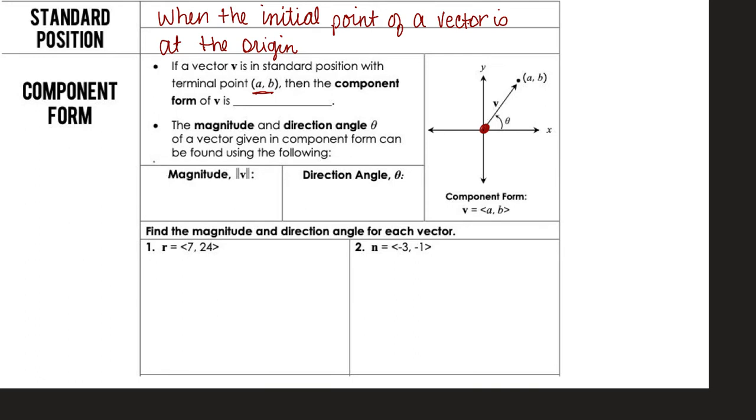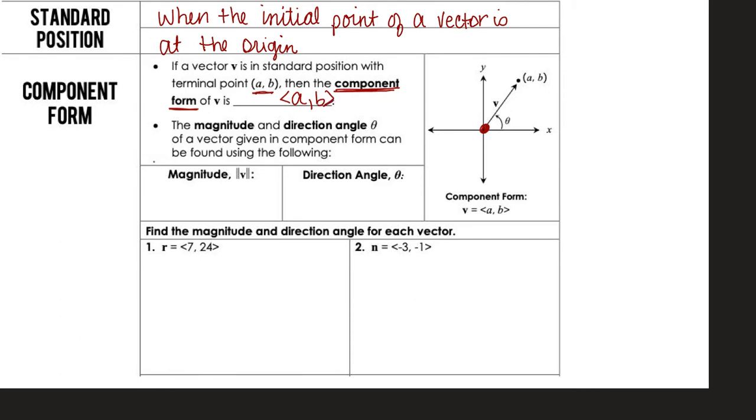And if the vector is in standard position and you're at the origin and your terminal point is A, B, then the component form of V, which is more vocabulary, is going to look like this: A, comma, B, with your broken parentheses there.